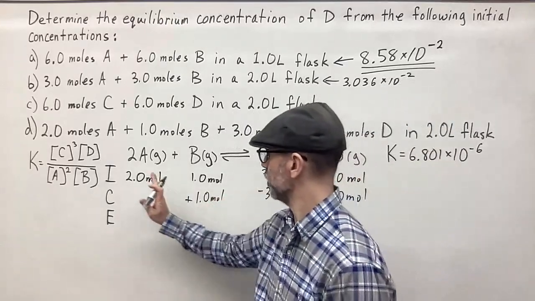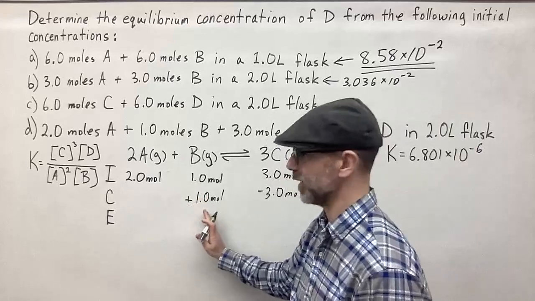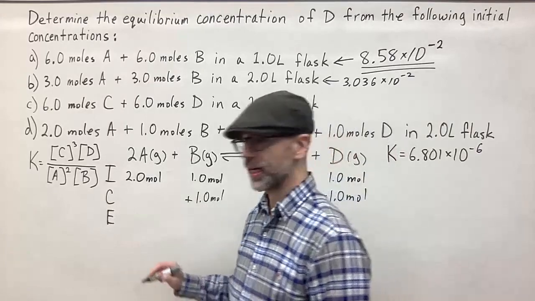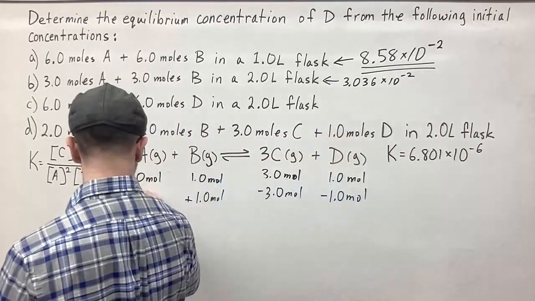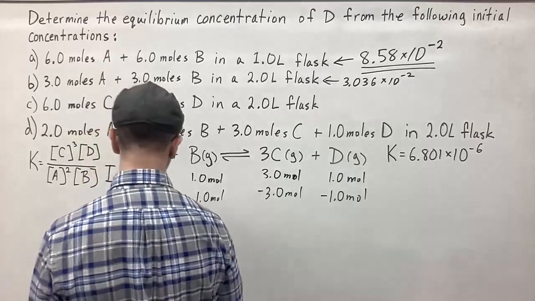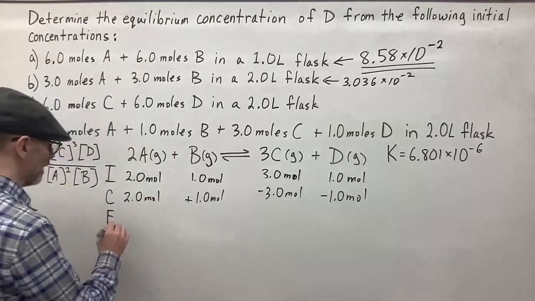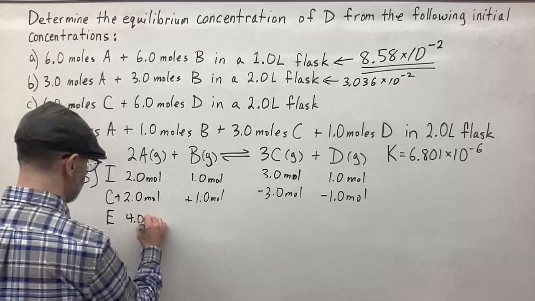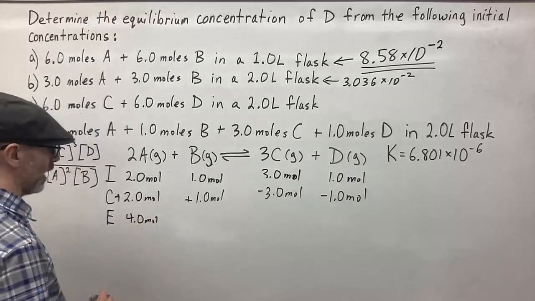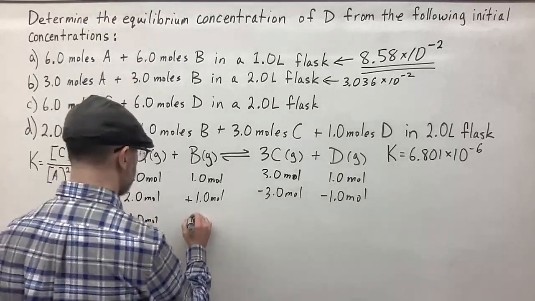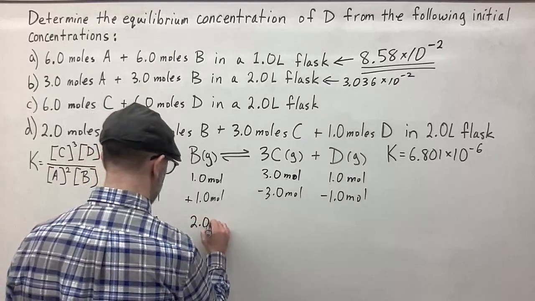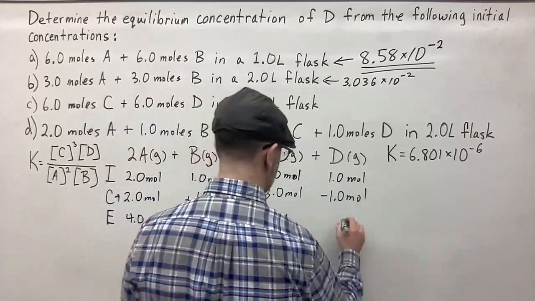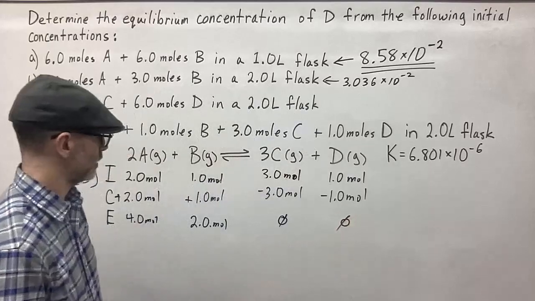And since this is a 1:2 ratio, if we gain a mole here, then we're going to gain 2 moles here. So we got 2.0 moles there. Now we add this together, and we're going to end up with 4.0 moles of A after it's done. We're going to end up with 2.0 moles here, and then we're going to have 0 and 0 left of our products.